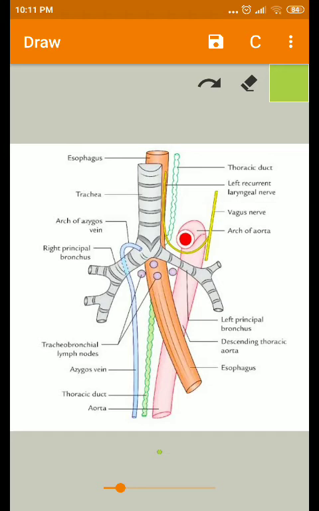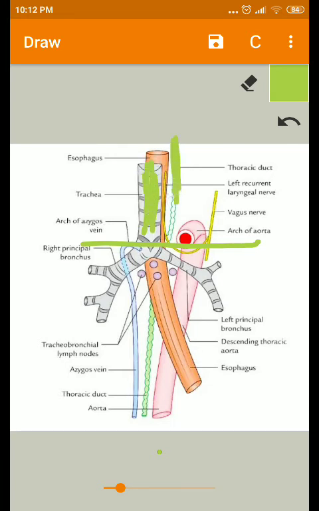Coming to the surgical importance of this posterior mediastinum. I have already mentioned, in the case of the superior mediastinum, we have some fascia, that is the pretracheal fascia and the prevertebral fascia.